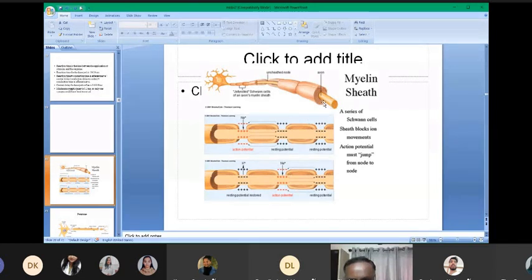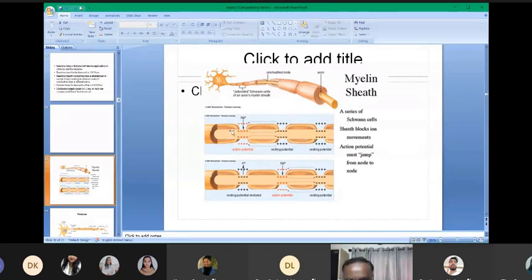You see how many times it is wrapped, and here it is attached by P0 protein. One is here, another is here, wrapping Schwann cell. In between there is a gap, and that is called node of Ranvier.